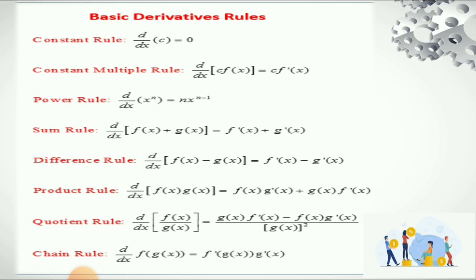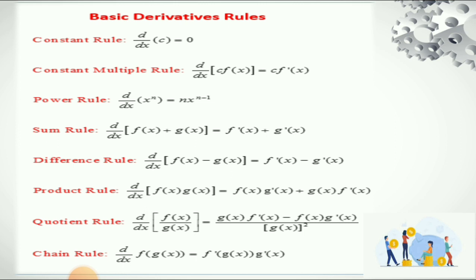In the sum rule, d over dx of f of x plus g of x is equal to the first derivative of f of x plus the first derivative of g of x.